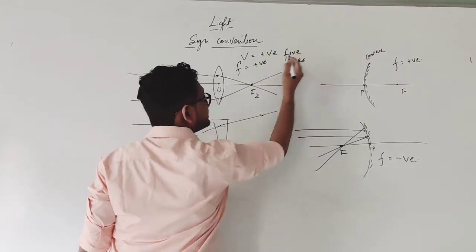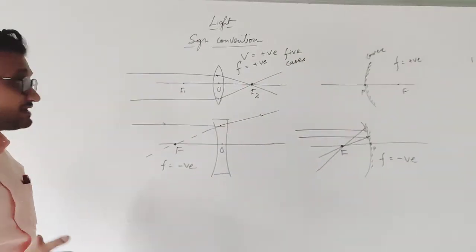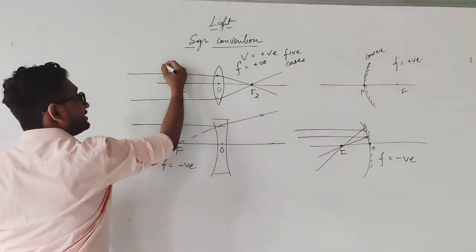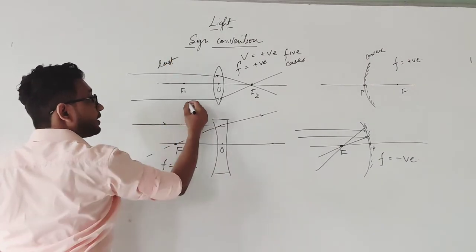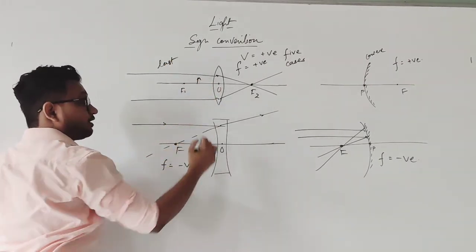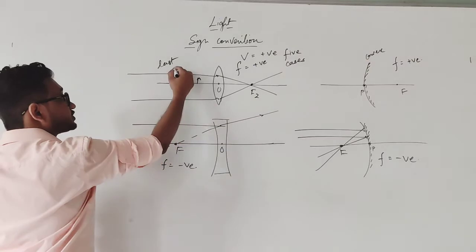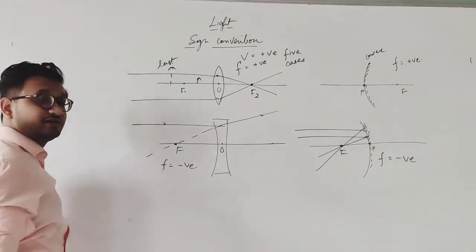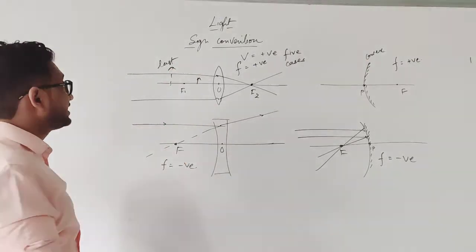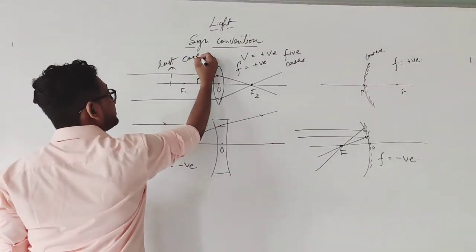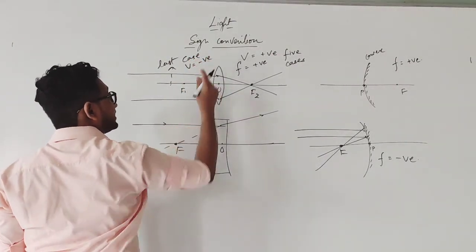For one case, on the left hand side, that is the last case when the object is between focus and optical center, the image is virtual and erect and somewhere on this side. It is a virtual image. At that time, for the last case, v is negative.